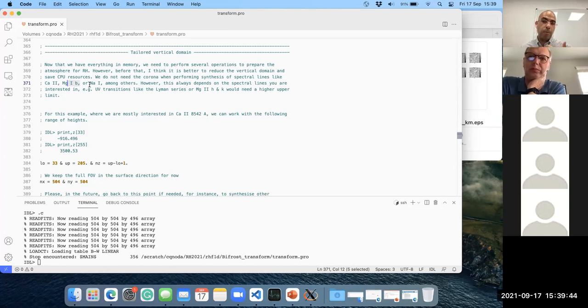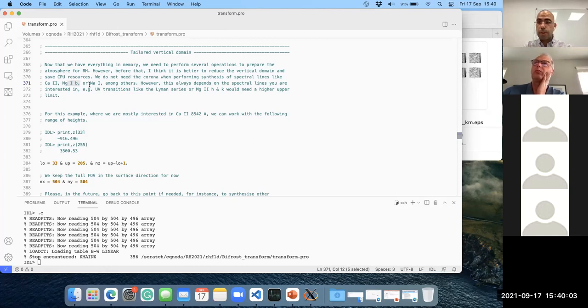So you should cut the upper part of the atmosphere, because you are not going to need it, and it will save computational time: if you have fewer points in any direction, it will be faster.